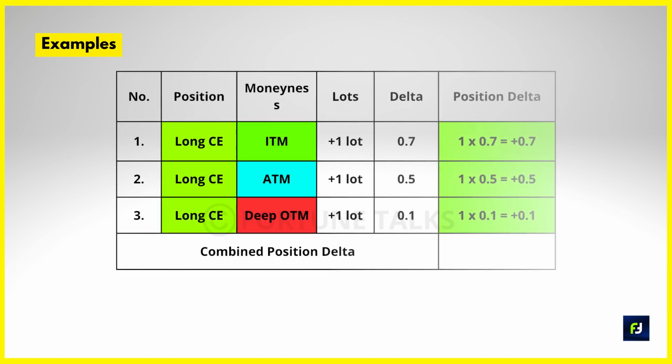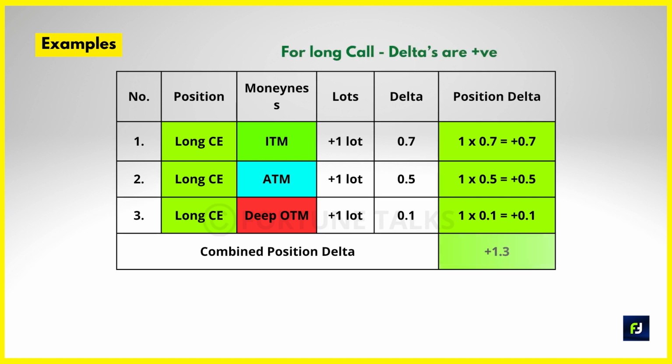In the first case, you are long three different call options with delta 0.7, 0.5 and 0.1. So there is an ITM, ATM and deep OTM strike. Since you are long the position, just add all the deltas and it turns out to be 1.3. This means the combined positions have a positive delta of 1.3.